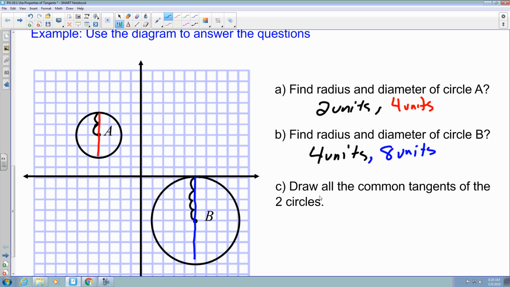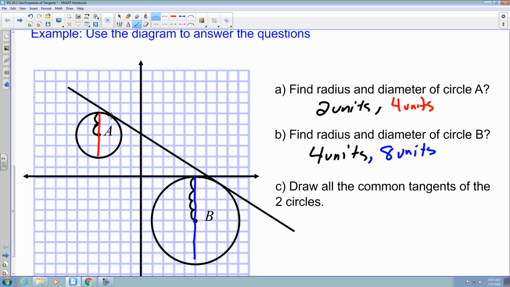Next thing here is they want us to draw all the common tangencies of the two circles. So here's what common tangencies are going to look like. We have our line, and I want to take a line here and make it so that it is tangent, like that. So that would be one common tangency.